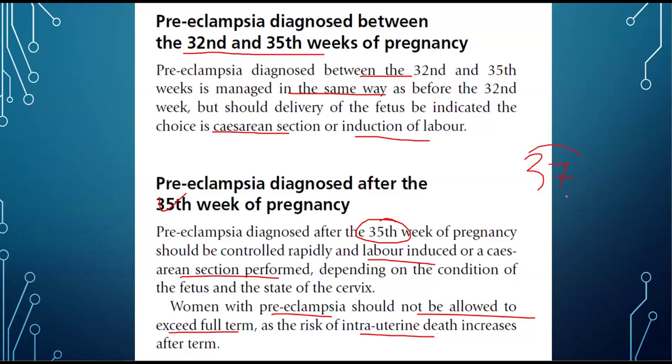So by the time they are 37 weeks, you would not wait any longer. Between 35 to 37 weeks, you will see if you need to go for elective C-section, or you can try to go for induction.